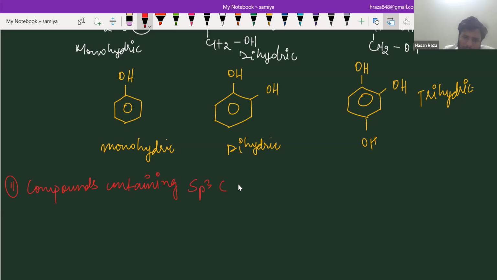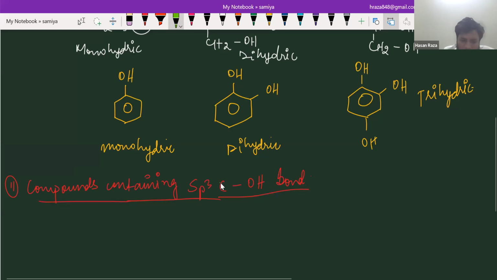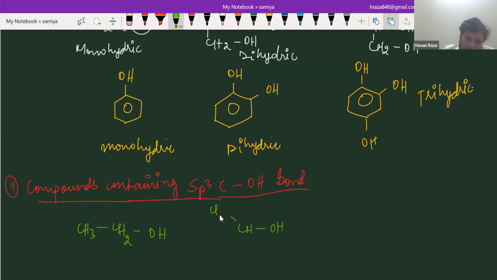Now, the next classification is compounds containing sp3 C-OH bond. That means to whichever carbon OH is attached, that must be sp3. Like if you are going to classify this, suppose we have CH3CH2OH. Now if we have CH, this is OH, this is CH3, and this is CH3.